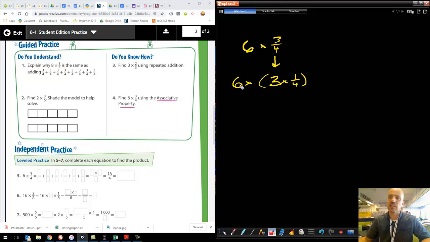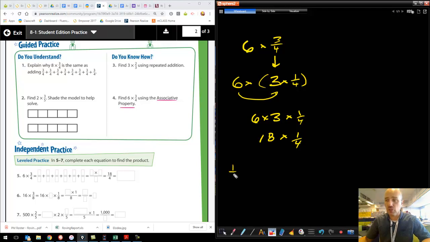Now I can split this out. I can do 6 times 3. The associative property tells me I can do that and still get the same answer. So I can do 6 times 3 times 1/4. 6 times 3 is 18. I have 18 times 1/4, 18 copies of 1/4.